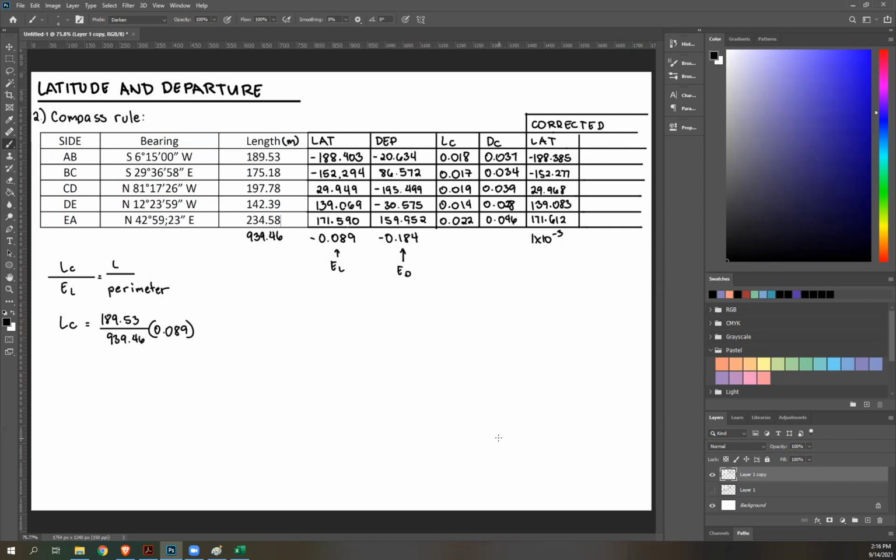All right. So now we have summation of latitude. So please do for departure as well. What is the corrected departure for AB? Correct. KB and Diego. But you're already 2 points.